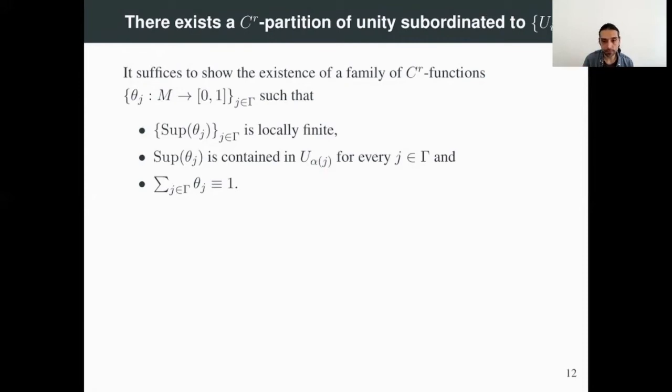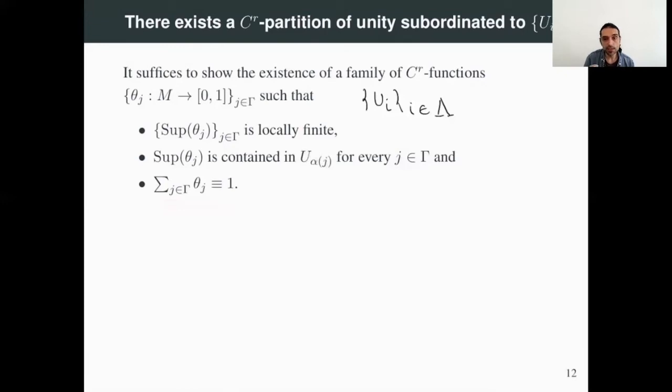Okay? That happens for every index, and indeed we are changing the index set, because let's remind ourselves that the open cover was actually indexed by lambda. And moreover, of course, we have to require that the sum of these functions is equal to 1.